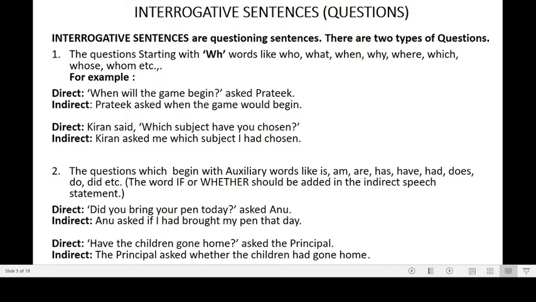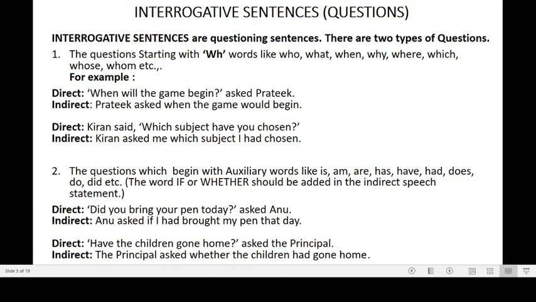And as you all know, there are two types of questions. They are WH questions and yes or no questions. At first, we will look at what these WH questions are.